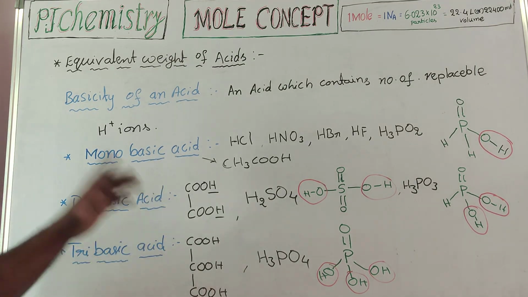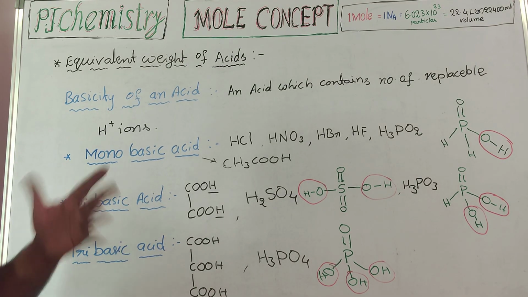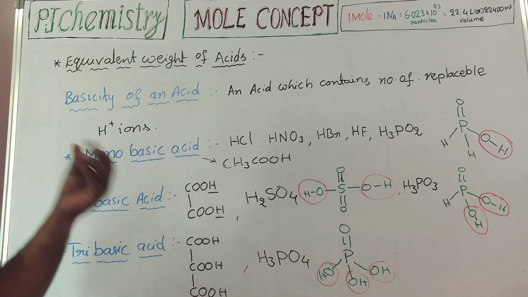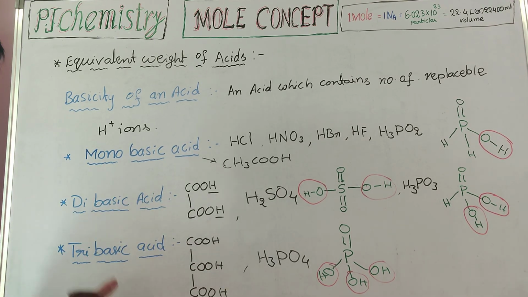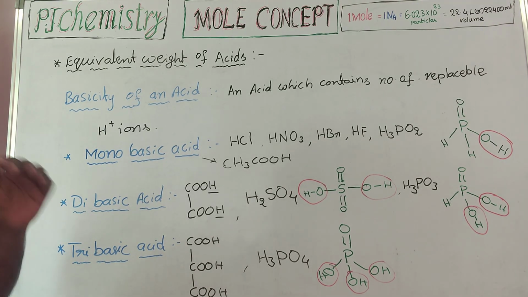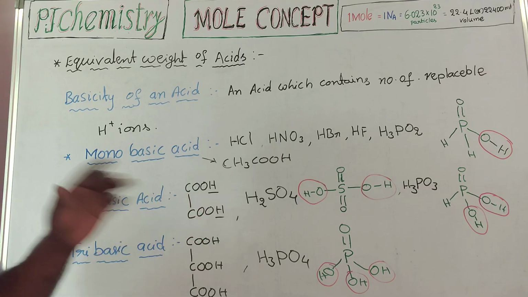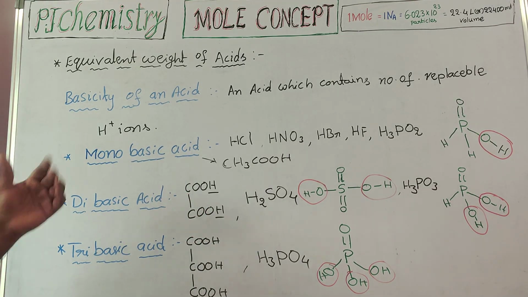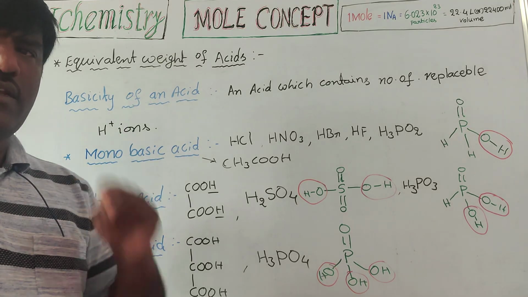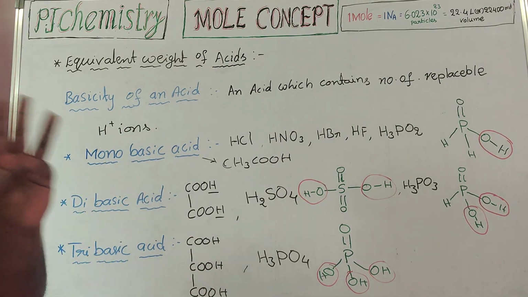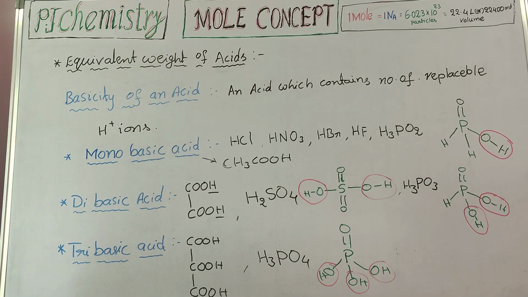If you find the basicity properly, the equivalent weight is very easy, because equivalent weight means the molecular mass of the particular acid divided by its basicity. That is, monobasic acid means 1, dibasic acid means 2, tribasic acid means 3. Okay, like that we have to calculate.